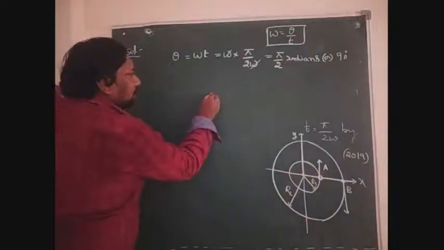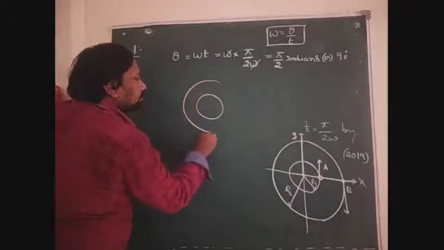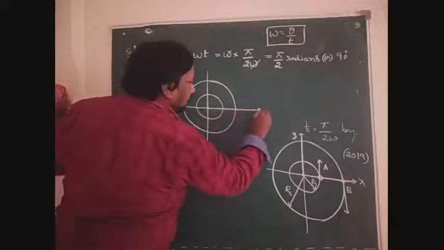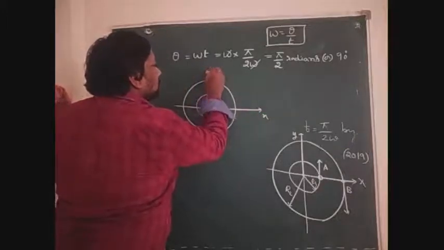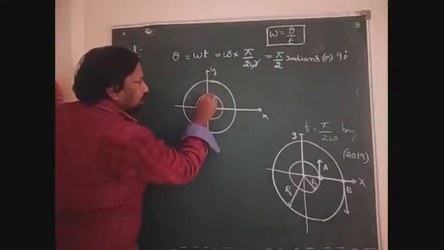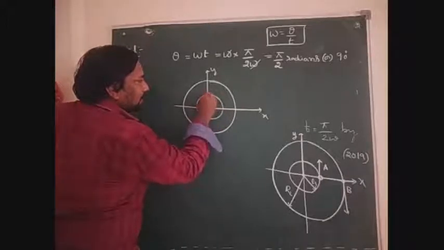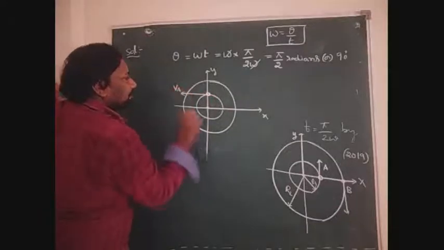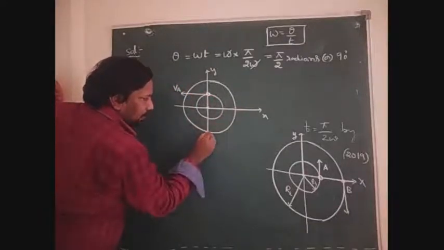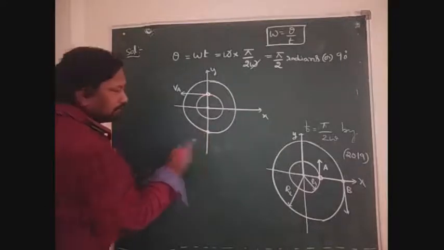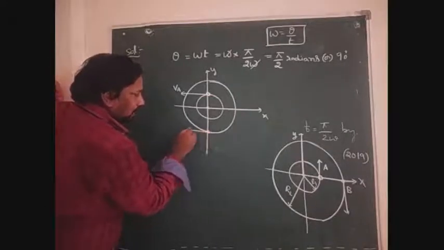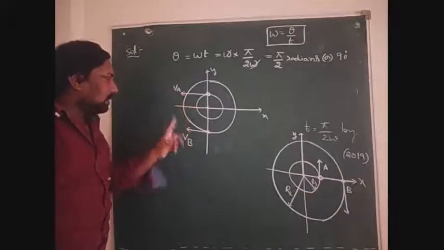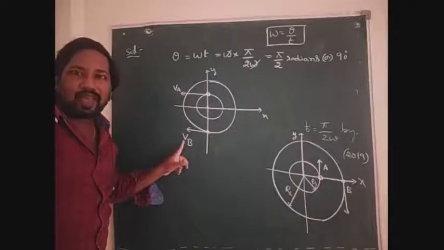When particle A moves through 90 degrees, its velocity is VA, and when particle B moves through 90 degrees, its velocity is VB. These directions are along the negative x-axis.